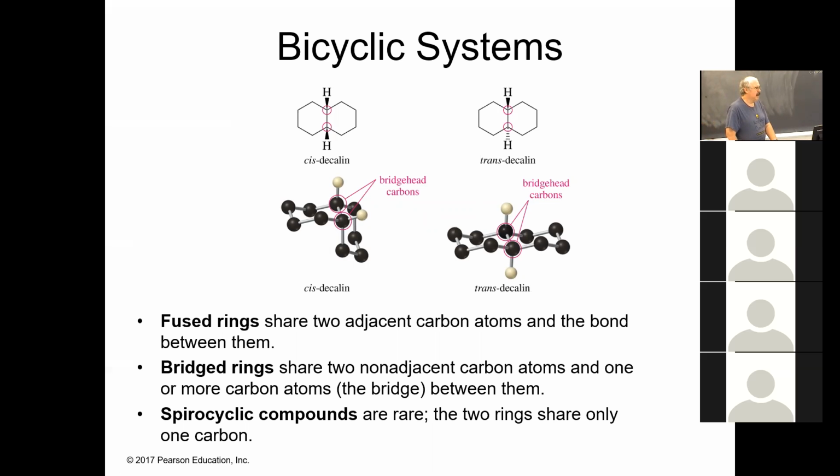Okay, we'll talk about three different kinds of bicyclic systems: fused bicyclic, bridged bicyclic, and spiro. What we have here is a bicyclic system, and a bicyclic system consists of two rings that share two carbons.